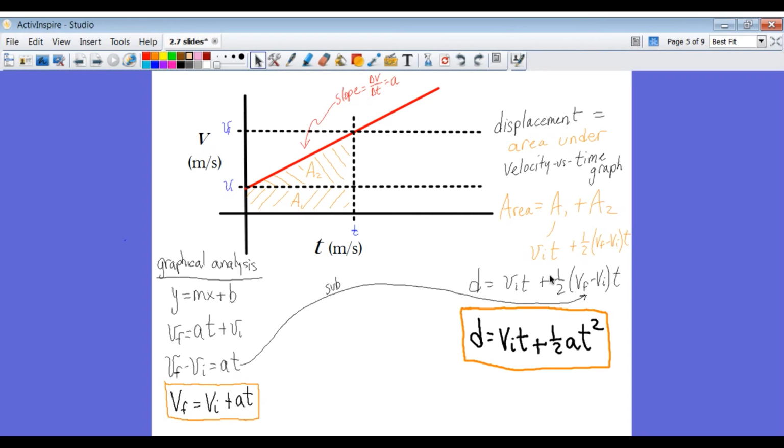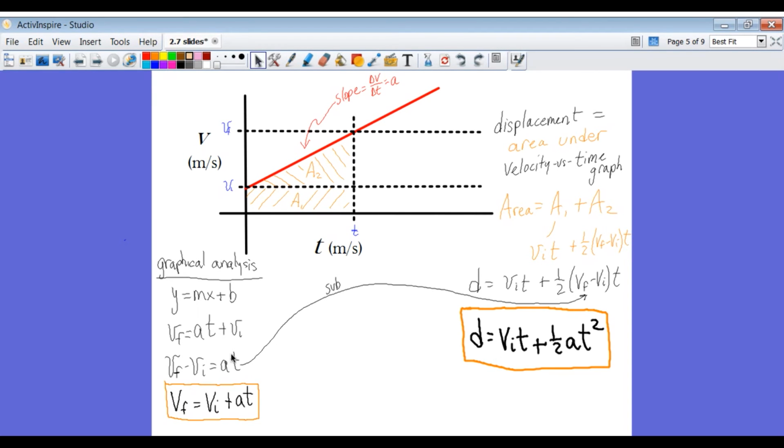The base is time. So the area of that region, A1, is VI times T. And then area A2 is a triangle. So 1/2 base times height, where my base is T. My height is from VI to VF. So VF minus VI is my height. And so the area of that triangle is 1/2 (VF minus VI) times T.